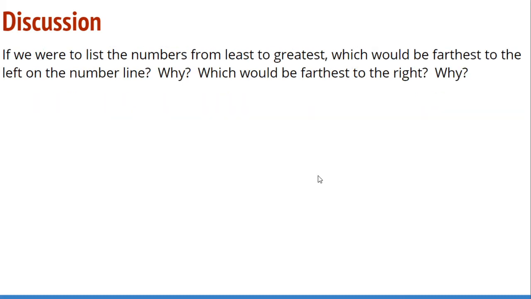Alright, so if we were to list the numbers from least to greatest, which would be the farthest to the left on the number line, and why? And which would be the farthest to the right on the number line? Well, we would say that the numbers on the number line decrease as you move to the left.